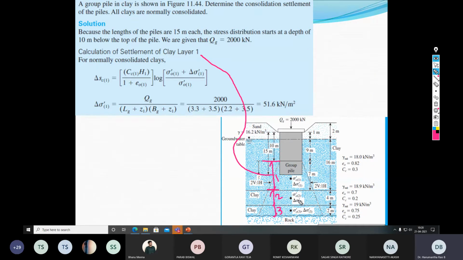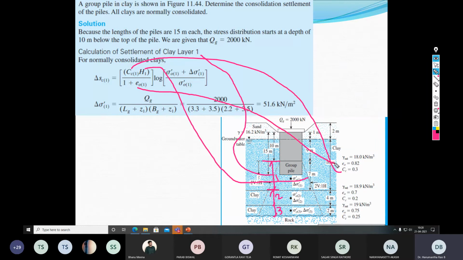Now, from the consolidation equation, CC is known, H is known, that is 7 meter, and E naught is known, that is 0.82, but you do not know what sigma naught and delta sigma are. These two are unknown, so you need to calculate them.